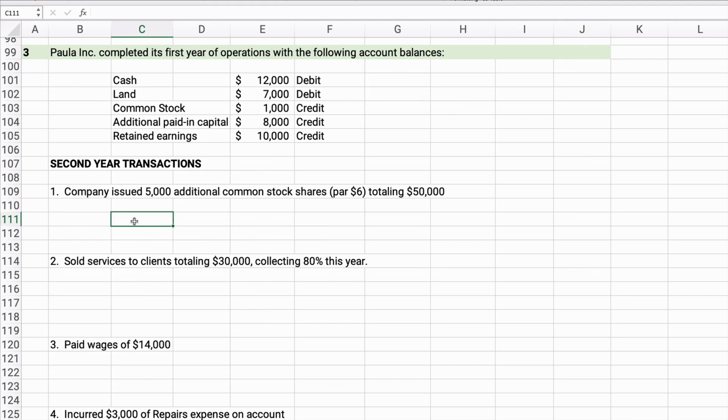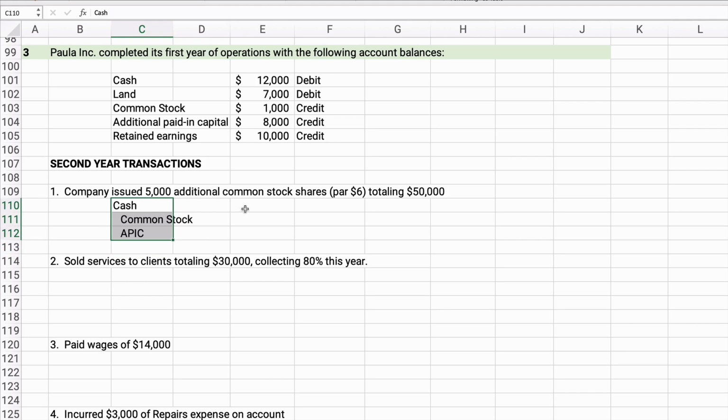So the company issued 5,000 additional common stock shares. The par is $6 per share, and the total is 50,000. So what entry would we make? Well, we're going to debit cash. We're going to credit common stock. So the way I do it is just indent a little bit, common stock. And we're going to indent the additional paid-in capital. I'm going to move this up just slightly.